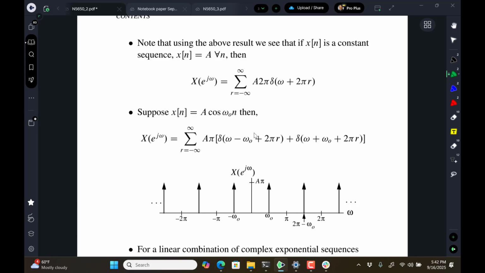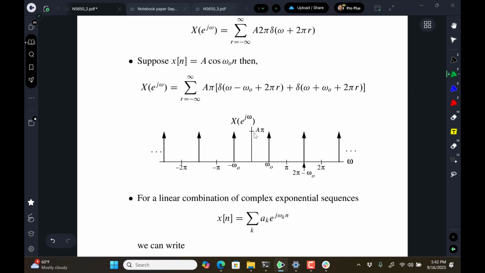And if we have cosine omega naught n, very much like the continuous time version, we get the positive frequency and negative frequency, and then the next image up are those guys at plus and minus 2 pi, and so on and so forth. So this should be kind of familiar from continuous time, except that it's periodic now.